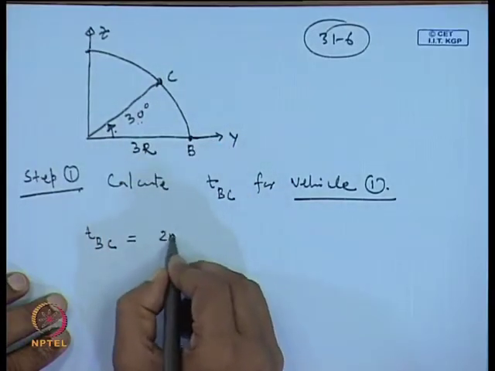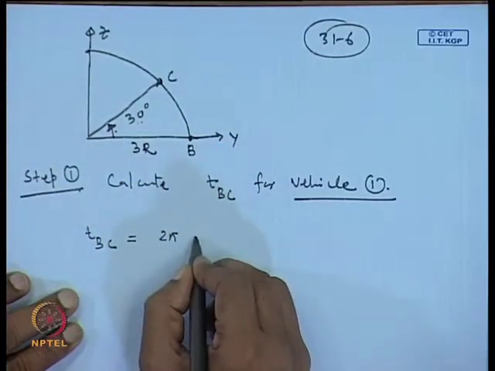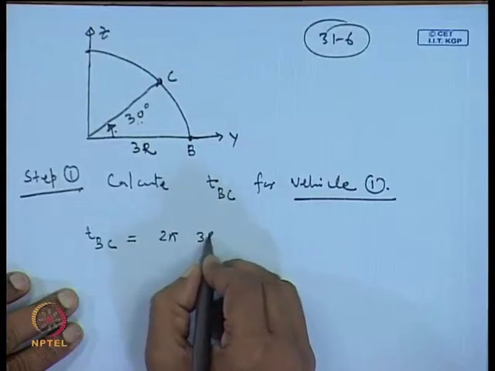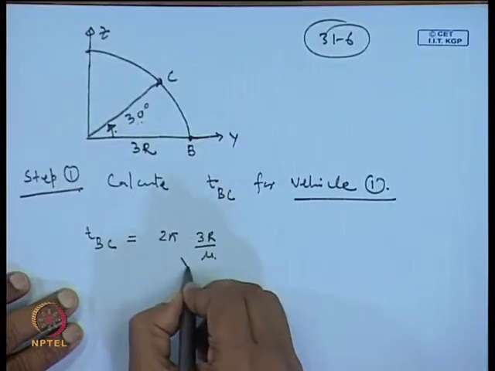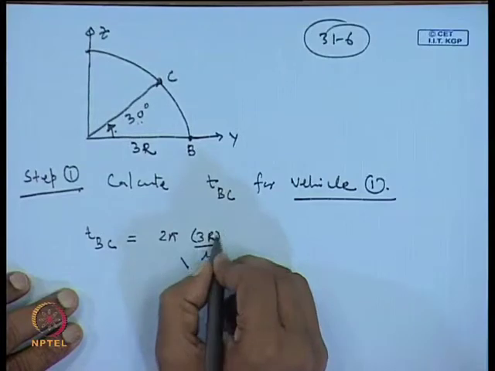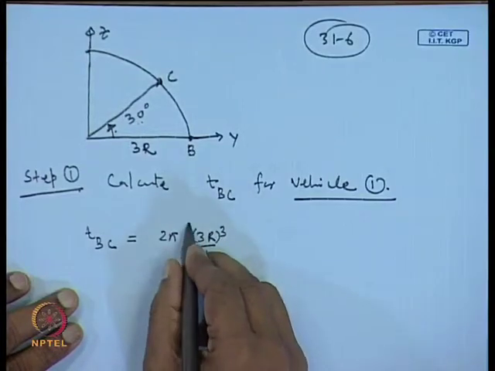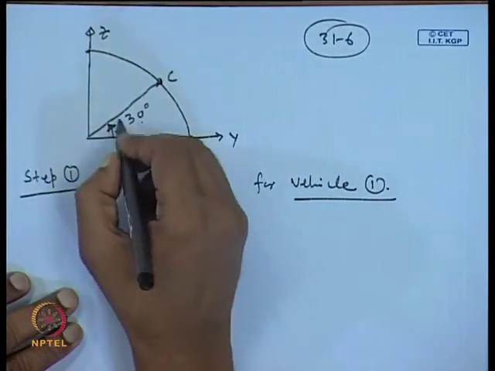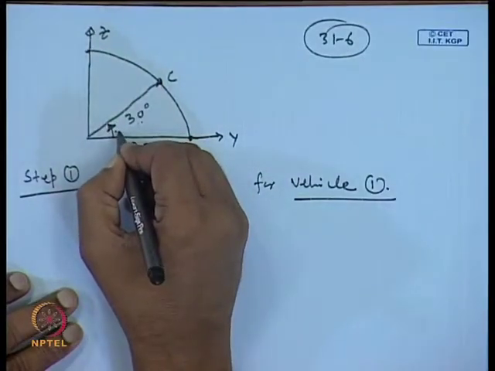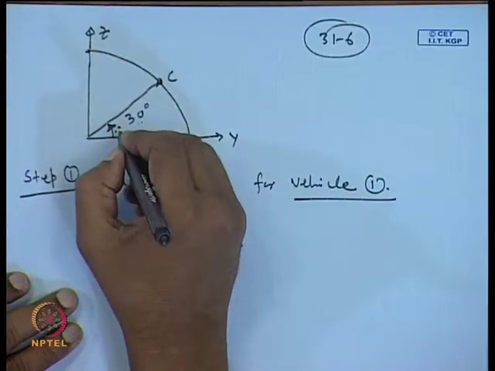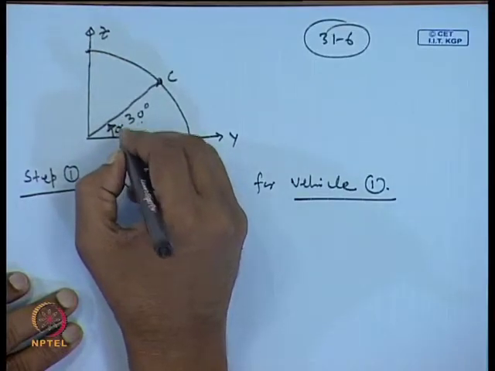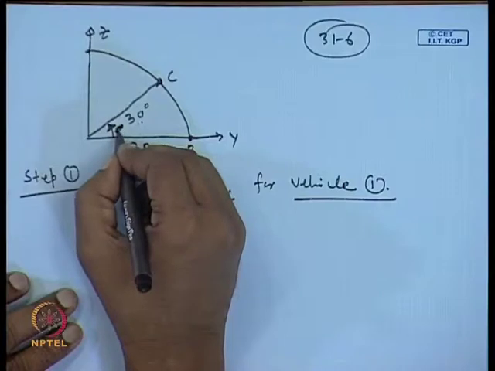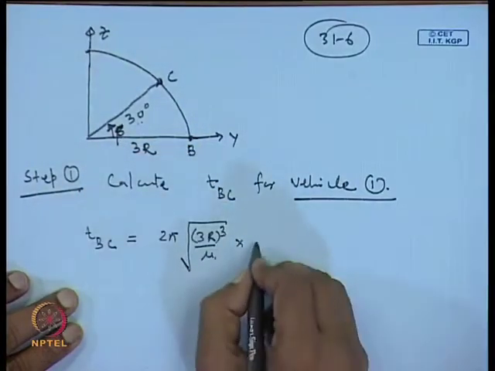So, this is 2 pi times the square root of (3r) whole cube by mu, and then obviously whatever this angle is. Let us say we write this as angle beta.